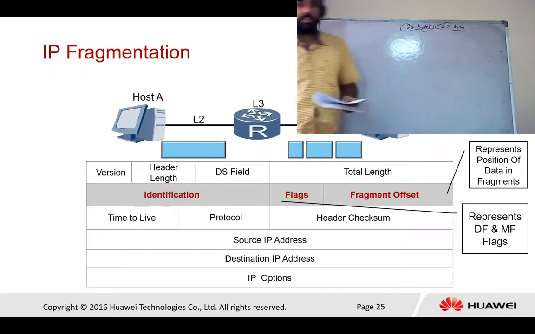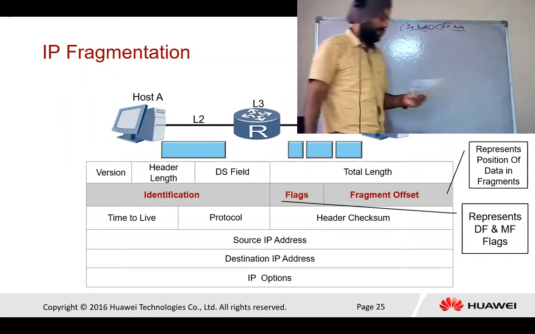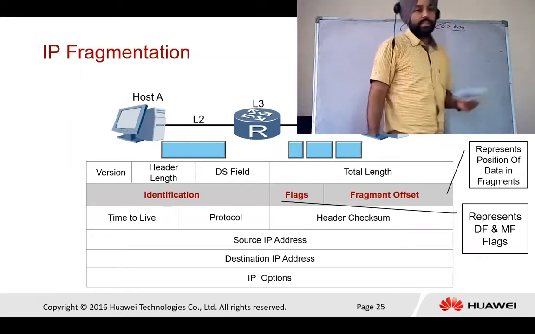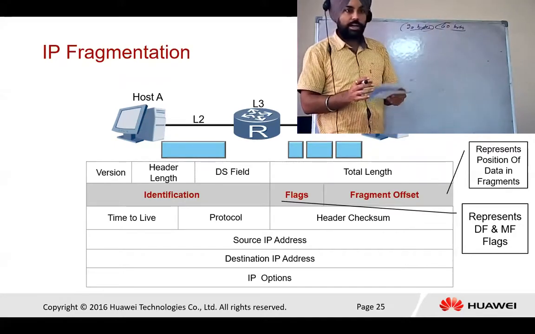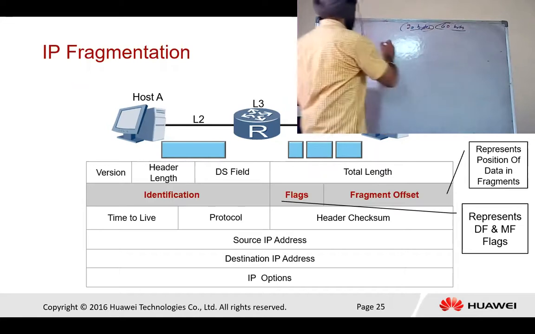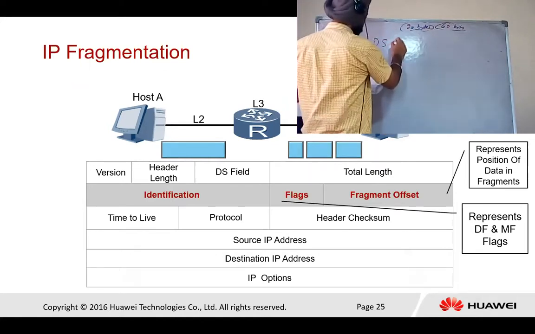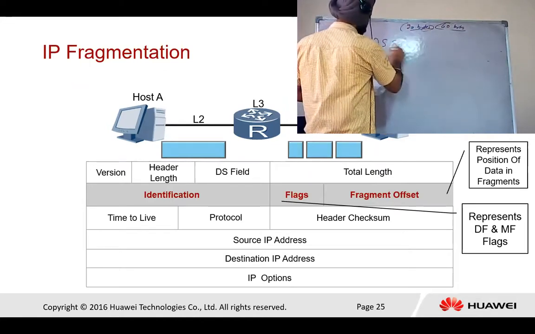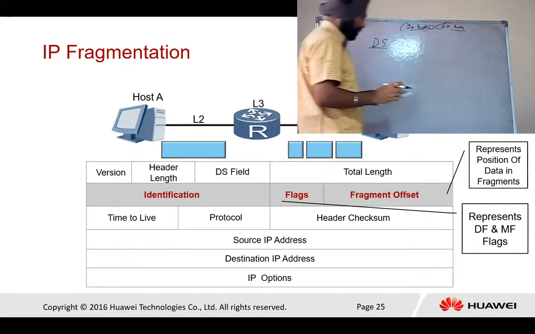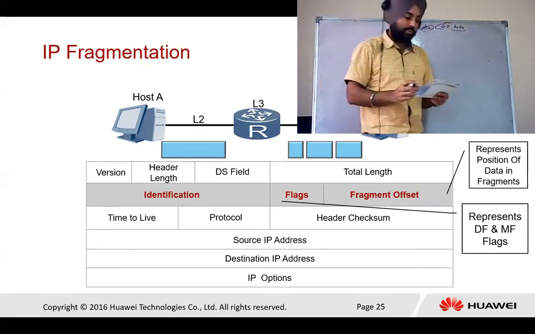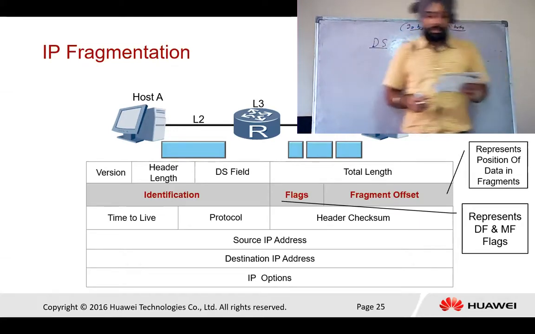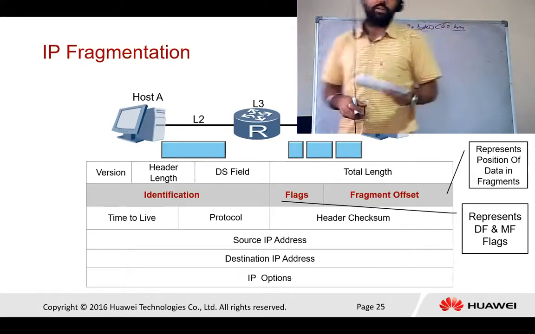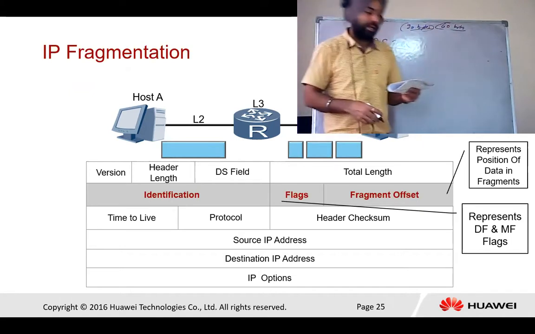And second is the header length, which tells the length of the header. Another field is the DS field, which is specifically for the differentiated services, the type of packet and the quality of service.